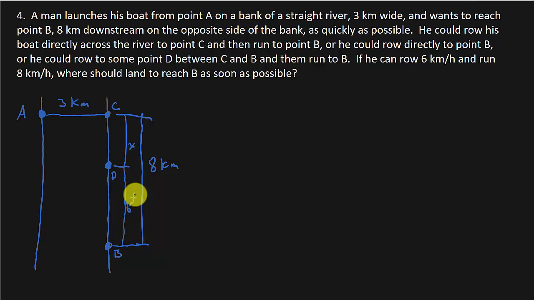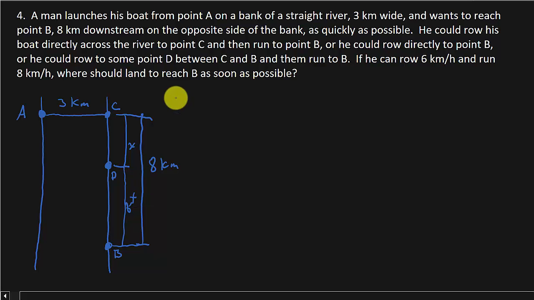Well, how are we going to do that? Well, we know that distance is equal to rate times time, which tells us that time is equal to distance over rate. All right, so that's what we're trying to minimize, is time. So we need distance and we need the rate.